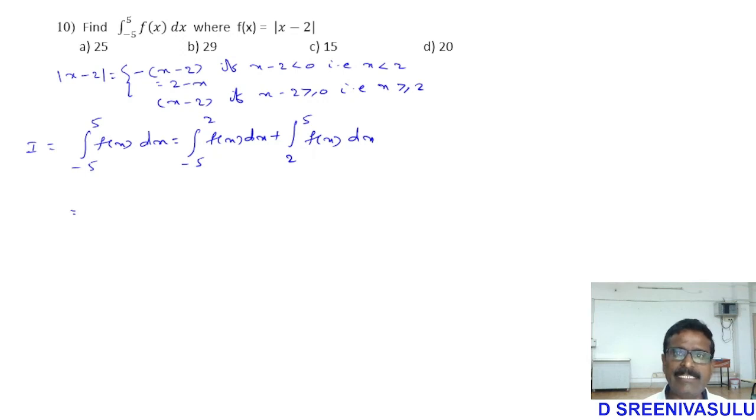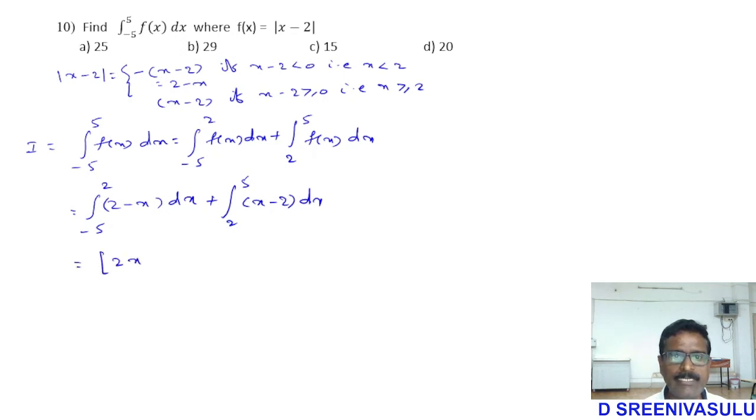If x is less than 2, that is 2 minus x. Integral minus 5 to 2 of 2 minus x dx plus integral 2 to 5, x lies between 2 to 5, means greater than 2, x minus 2 dx.